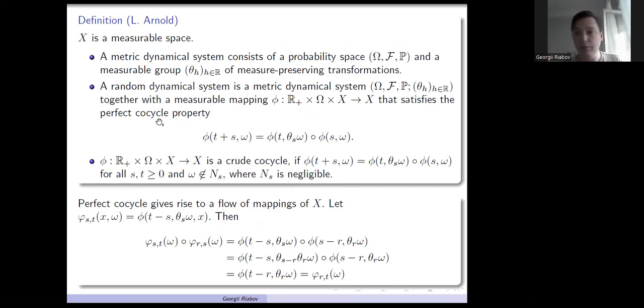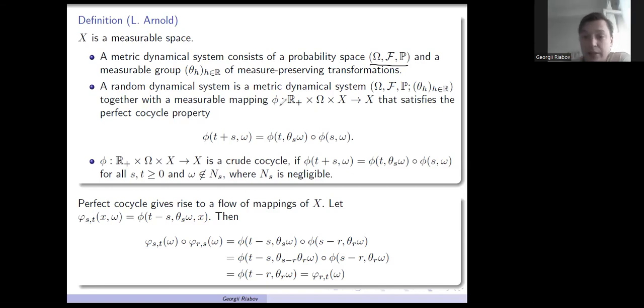I recall the definition from yesterday. So in a random dynamical system, we have a probability space, a measurable group of measure-preserving transformations. Measurable group means that theta_h acts on omega, and it is measurable in two variables, in h and in omega. And a random dynamical system is a metric dynamical system and a measurable mapping phi.